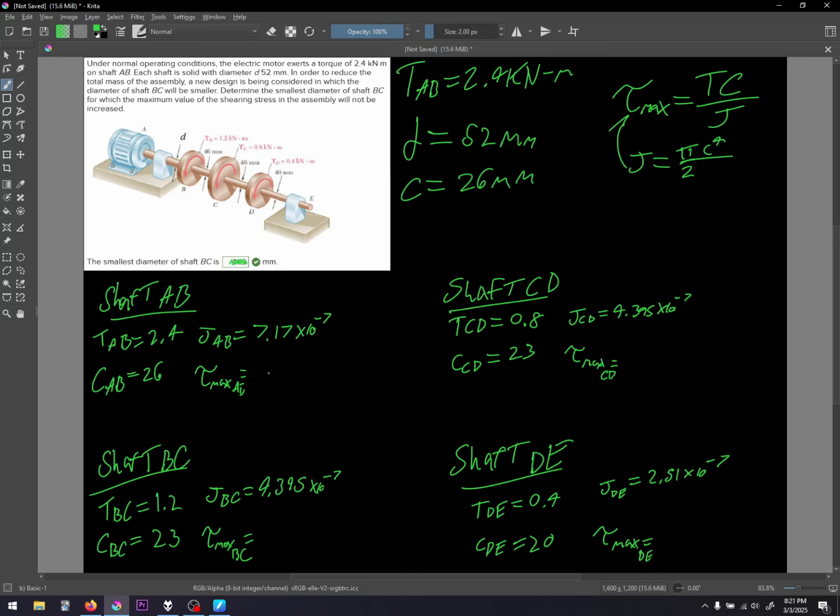That's T. It's going to be 2.4 times 10 to the negative third times 10 to the third, times C, 26 times 10 to the negative third, over J, which is 7.17 times 10 to the negative 7.